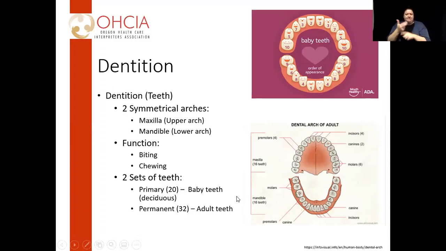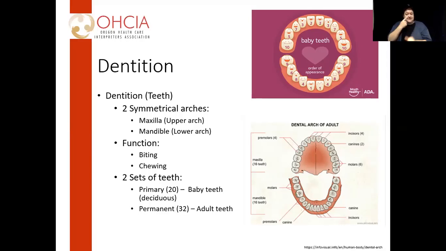As humans, we have two sets of teeth. We have our primary teeth, which are the baby teeth, and they are deciduous, just like the leaves are falling off the deciduous trees right now. Those teeth that we're born with are intended to fall out at some point and be replaced by our permanent teeth.